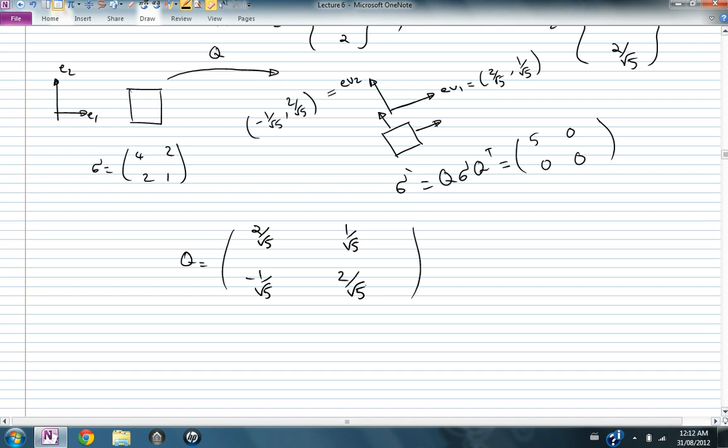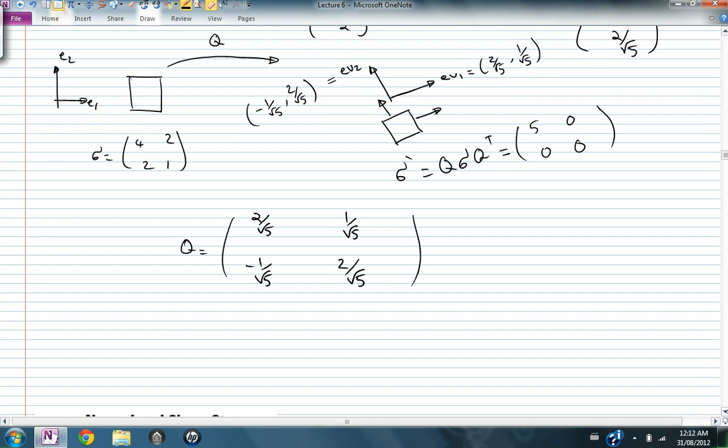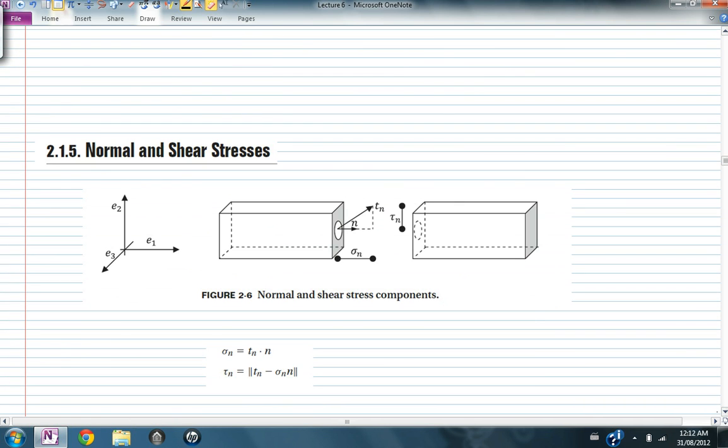Now the last section in this part of the lecture is the normal stress and the shear stress on an area. So the normal stress is in fact the component of the traction vector that is the orthogonal projection on n. So the orthogonal projection of Tn on the unit vector that's perpendicular to the surface gives me the normal stress on an area.